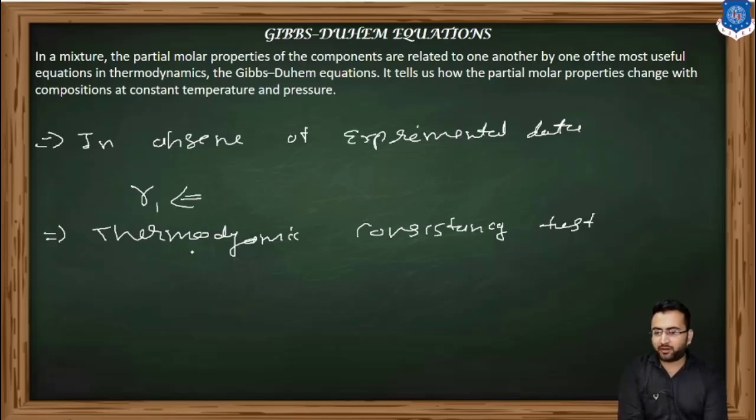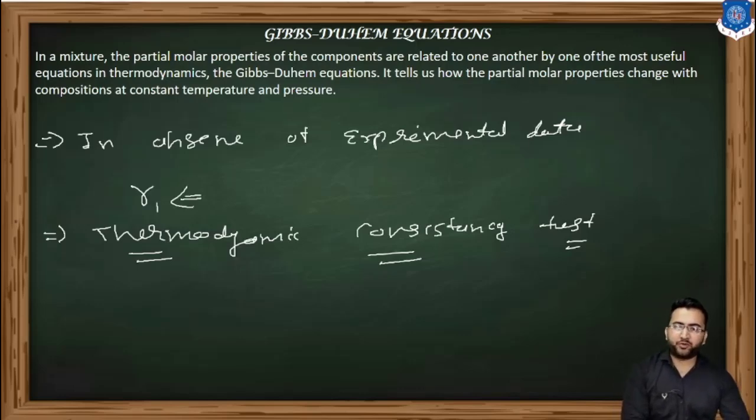For example, if data of the partial molar property of each component is measured in an experiment, then whether that data is correct can be checked using the thermodynamic consistency test with the Gibbs-Duhem equation.